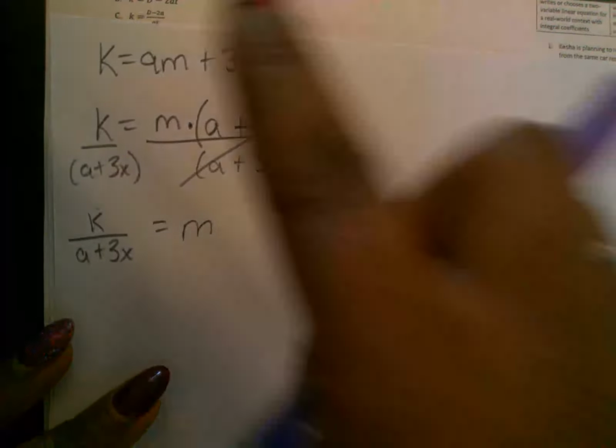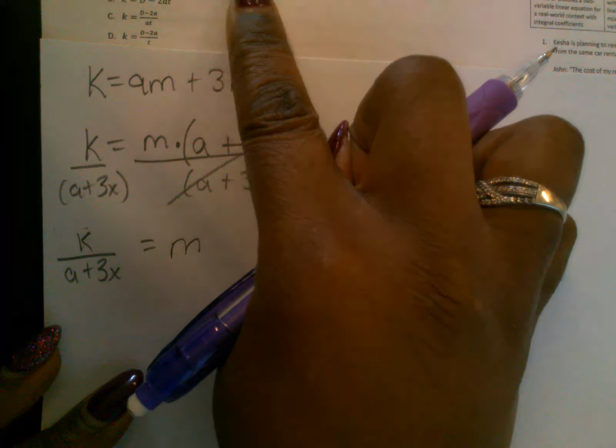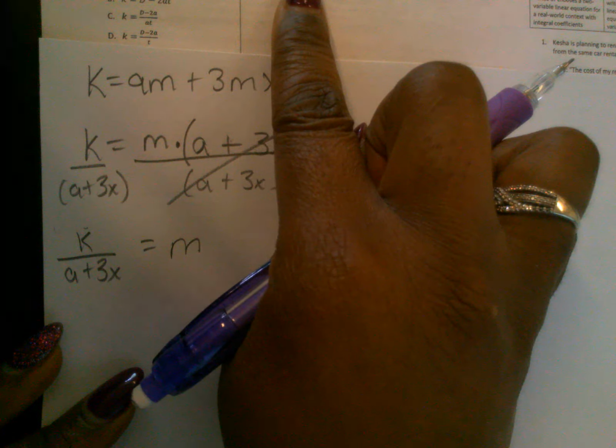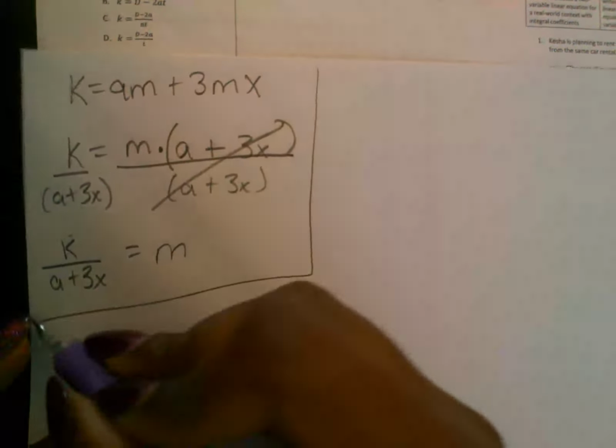Okay, let's do this one. All right. So the next one, we have the formula is expressed and we are solving, let's see, this is expressing it in terms of, okay, so we're solving for K. Notice how all your answers are K is equal to.